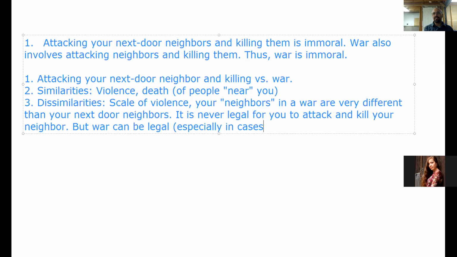Especially in cases of self-defense. If you've been attacked by some foreign power, you're allowed to defend yourself. That seems like a particularly relevant difference because that pertains to the actual moral question. So this is probably a pretty bad analogy.